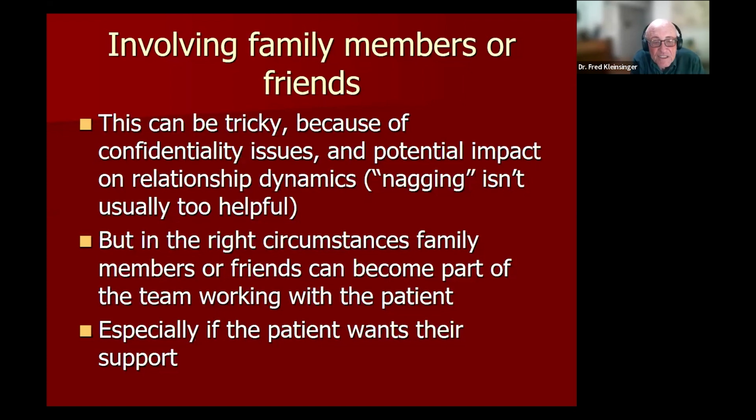We want them to be a team if that's possible, especially if the patient wants their support. And they can also help with things like putting medications in pill boxes. But again, you want to encourage a cooperative, supportive approach, not a judgmental, accusatory one. That is not very good for relationships and often doesn't work particularly well in the first place.